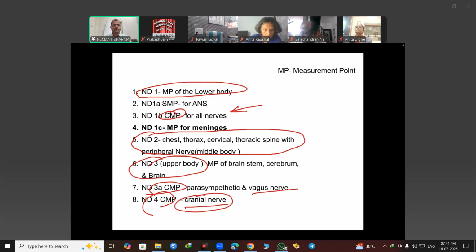Okay, so these are the very important point. Now we have understood ND1C also for meninges.